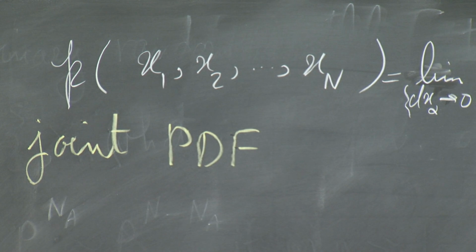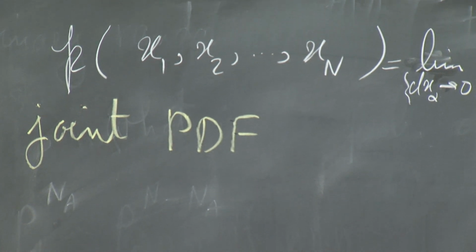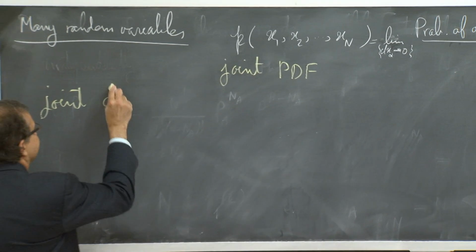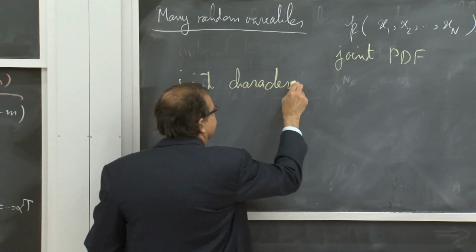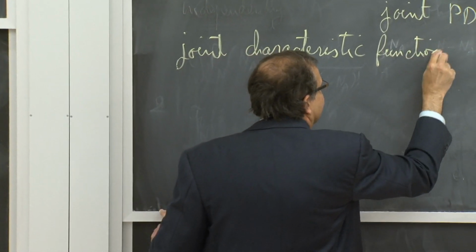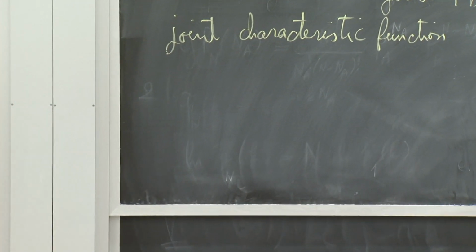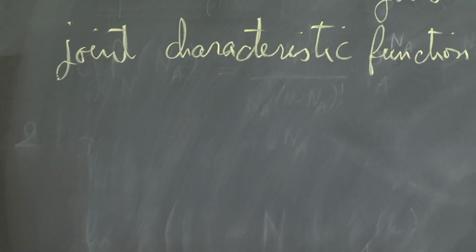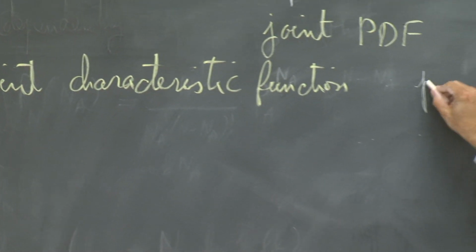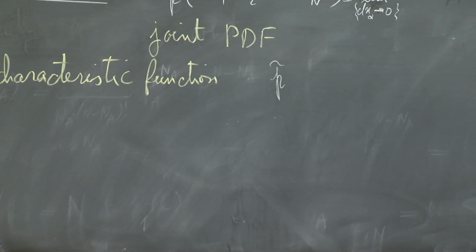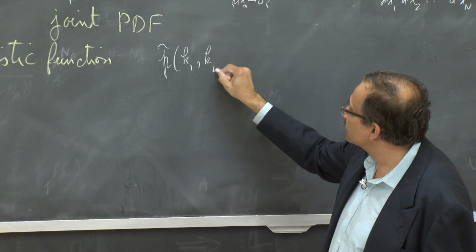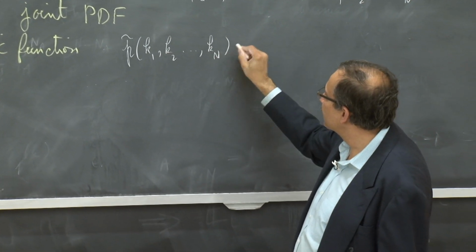You can construct now the joint characteristic function. How do you do that? Well, again, just like you would do Fourier transform with multiple variables. So you would go for each variable to a conjugate variable. So x1 would go to k1, x2 would go to k2, xn would go to kn.